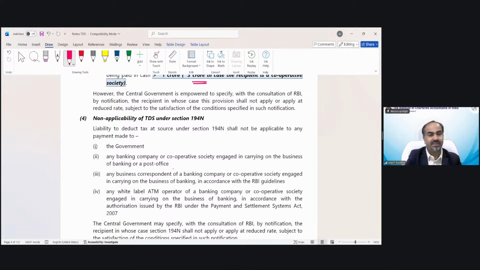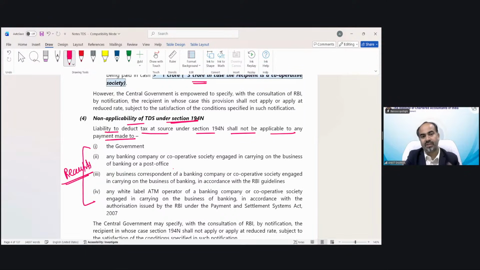Non-applicability of TDS under section 194N. So these are exceptions, and why? Liability to deduct tax at source under section 194N shall not be applicable to any payment made to the following. So if they are the payee or the recipient, then no TDS.